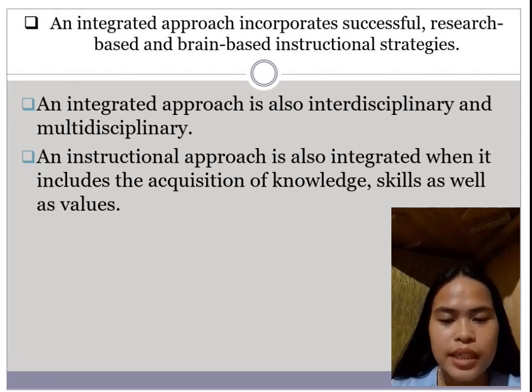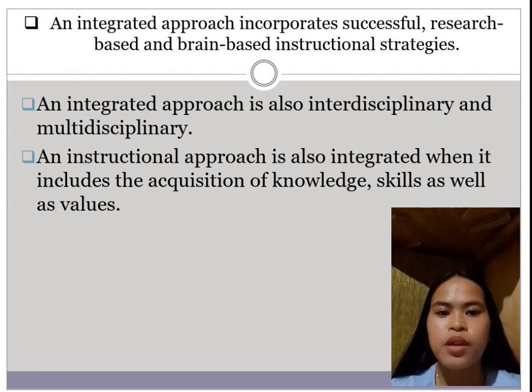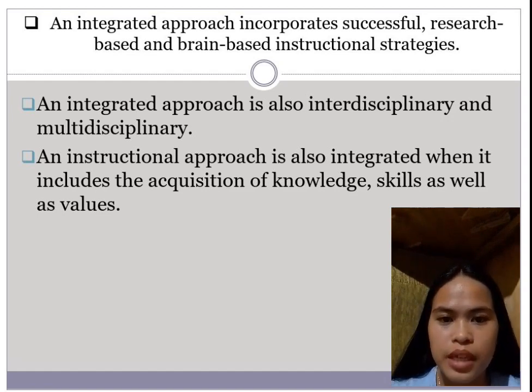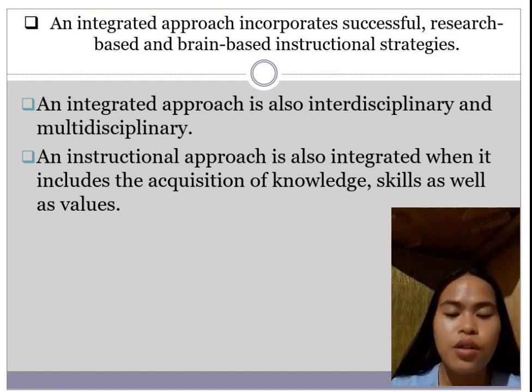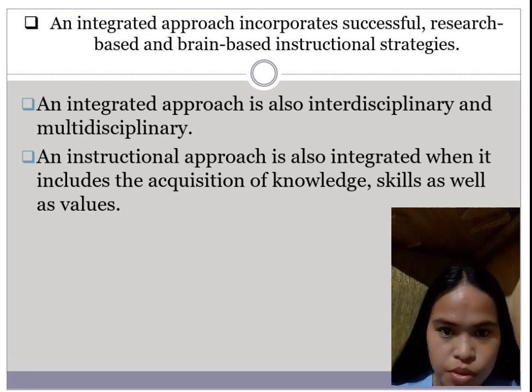But if your content in science is used to teach grammar and values, this is called multidisciplinary. Also, an instructional approach can be integrated when it includes the acquisition of knowledge, skills, as well as values.